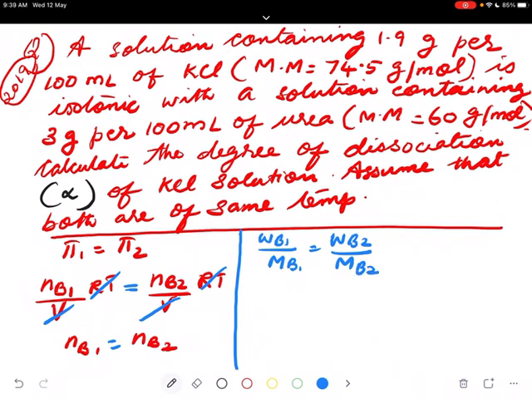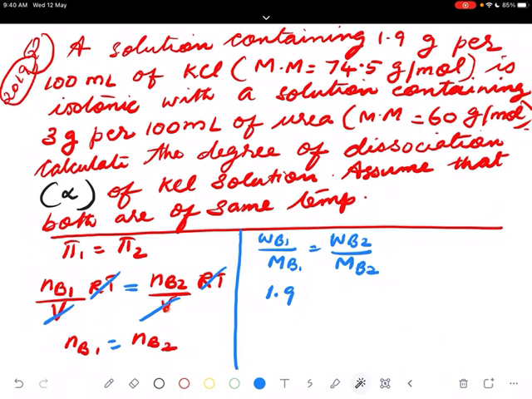So W_B1 is 1.9 per 100 ml. For 1000 ml, it will be 19.